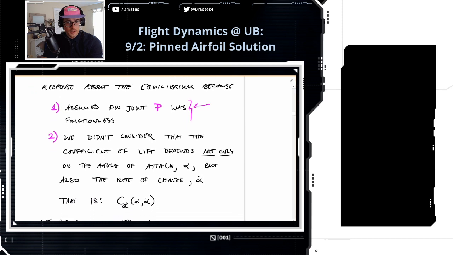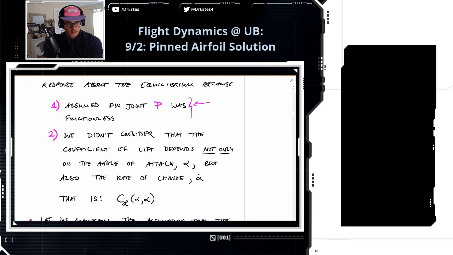But the assumption that we're still going to leave it frictionless, but something important that we haven't considered is that the coefficient of lift depends not only on the angle of attack, but it depends on the rate of change of the angle of attack.